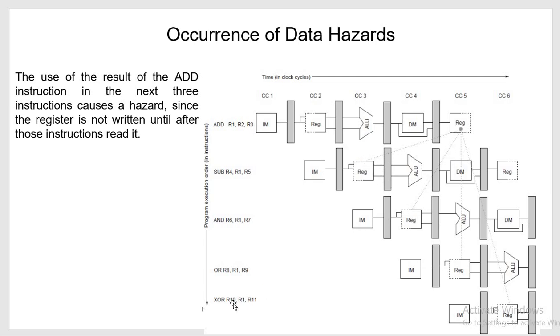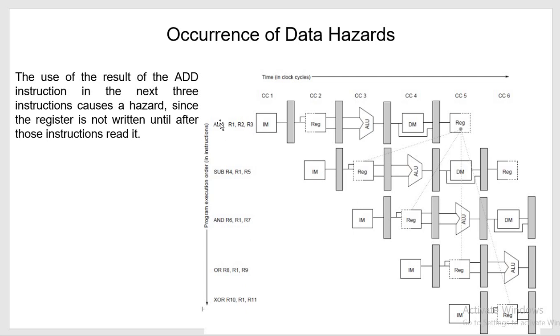Again, we can see that for the third instruction OR, the data will be ready after the first half of the fifth clock cycle, and can be read by the fourth instruction during the second half of the fifth cycle. So there will be no hazard in this case, and no hazard in this case either. The hazard will occur for these two cases. This slide shows the details of the occurrence of the data hazard for this example if the program is written in this form.